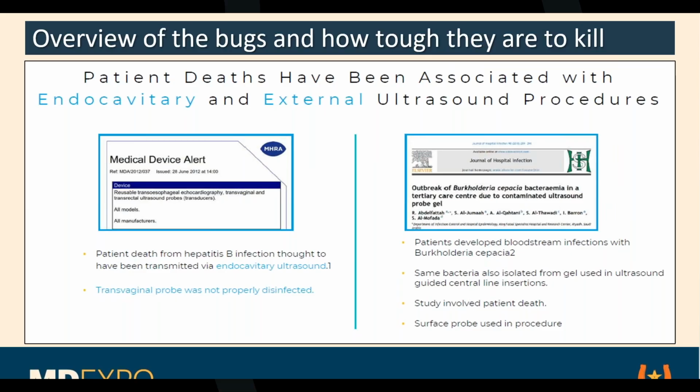It shows patient deaths from Hep B, and it's not just ultrasound probes. I'm sure you've all heard of endoscope probes that can also be a source of cross-contamination. So they do happen. It's real.